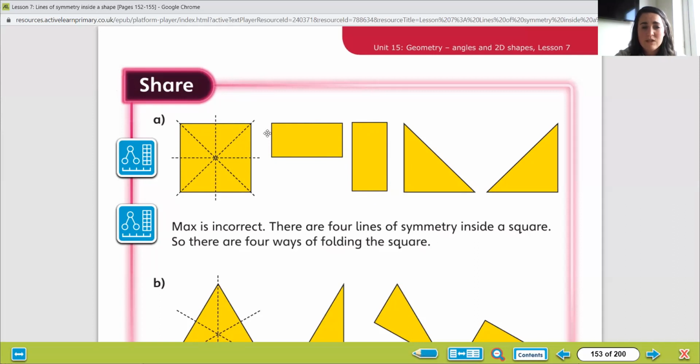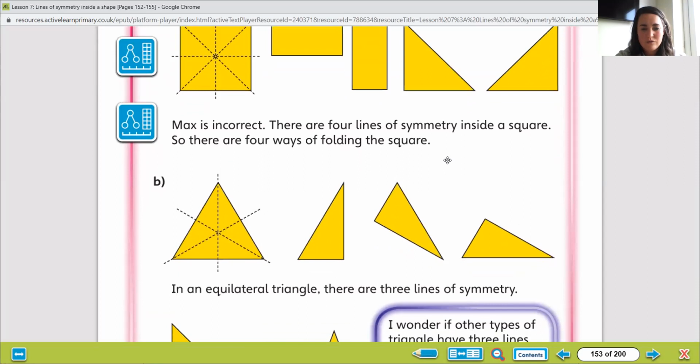Because this square is equal on all sides, I could also draw a line of symmetry on the diagonal from one side to the other, and again from one side to the other. And that gives me two triangles, both the same as the other. It would be a mirror image. Now the same for my equilateral triangle.